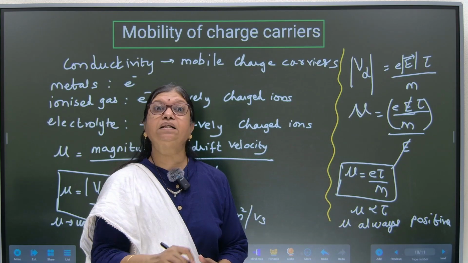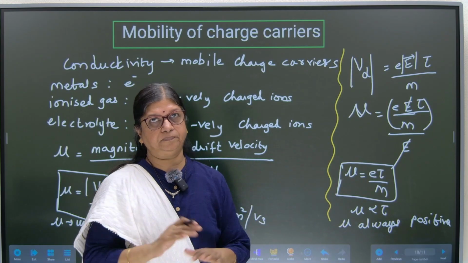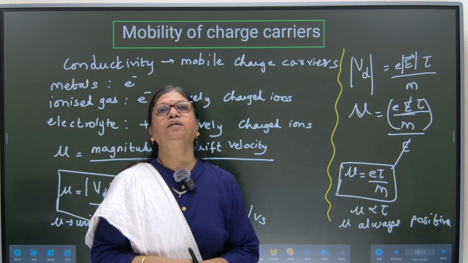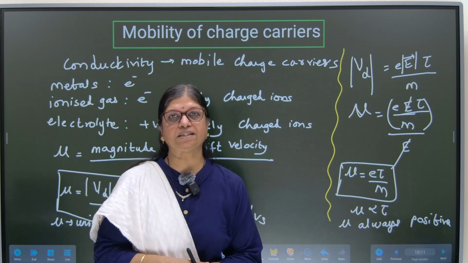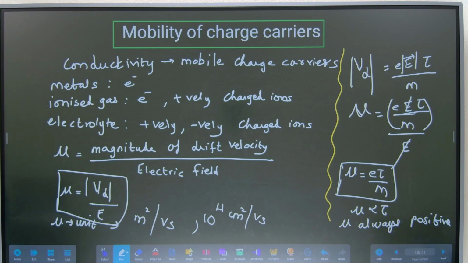So mobility is directly proportional to the relaxation time. I hope you have understood this concept. Please take a pic as I move. Keep watching the video till the end.